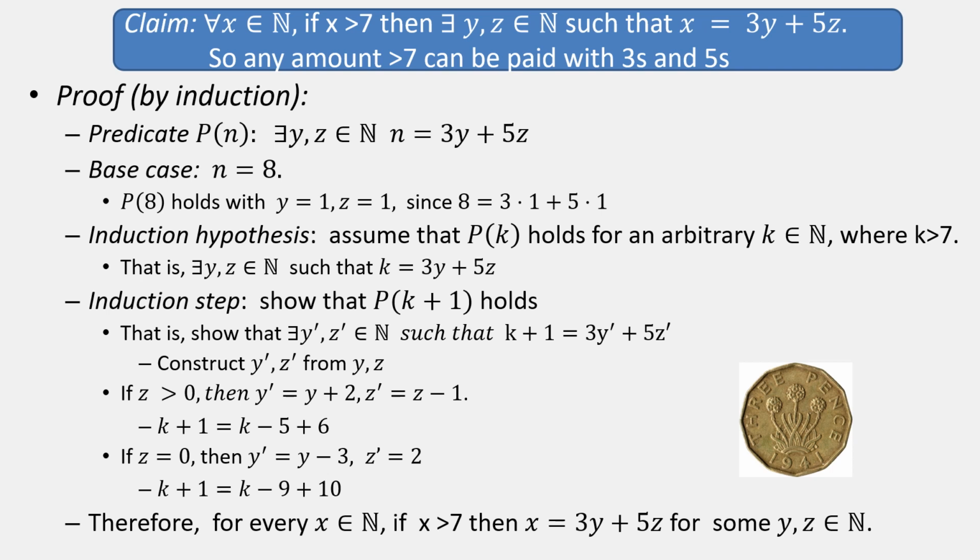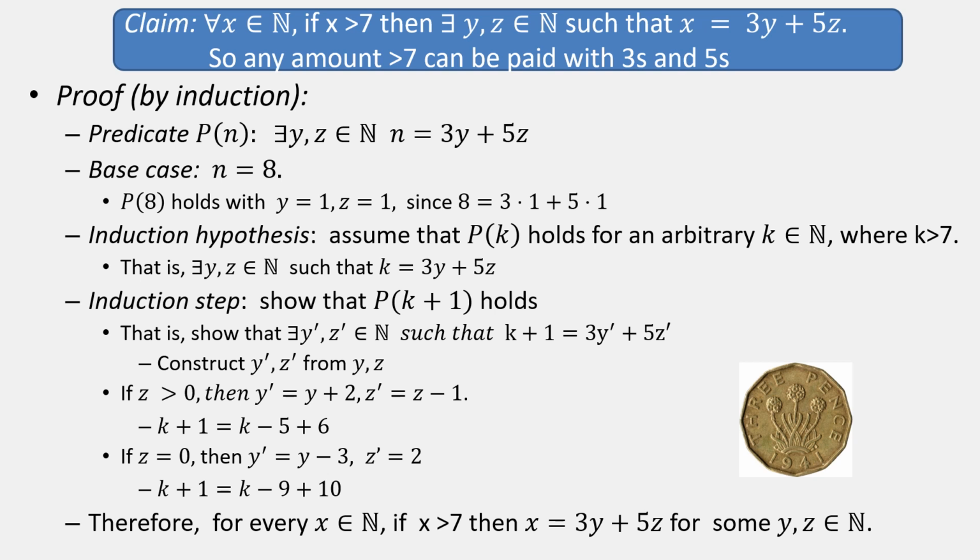Well, that's great, because now we can subtract 3 of the 3s that we have, subtract 9, and put in 2 of the 5s, which is 10. So k plus 1 is equal to k minus 9 plus 10, and we can construct the new y by taking the old y minus 3, and we construct the new z by setting it equal to 2.